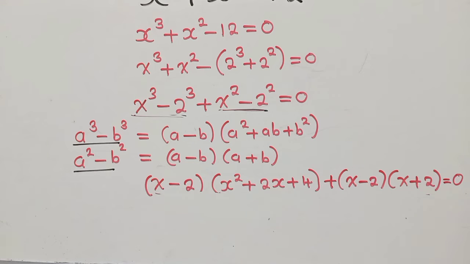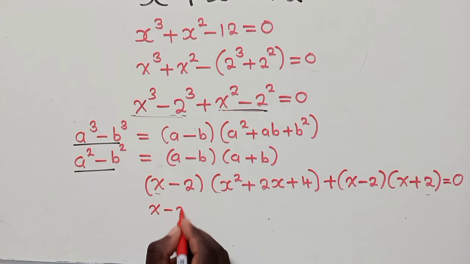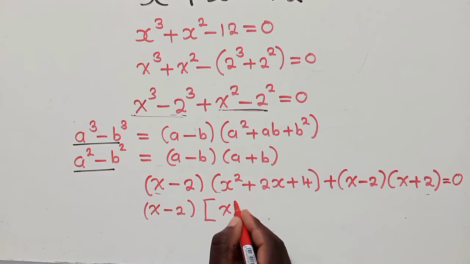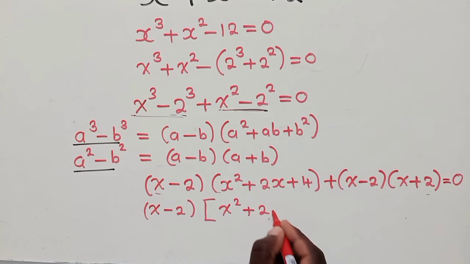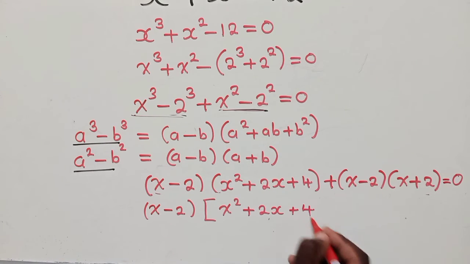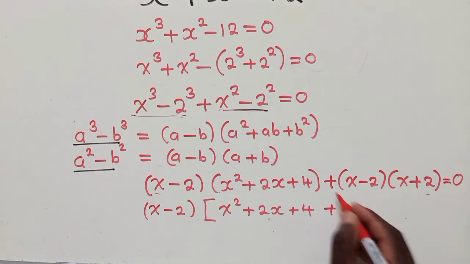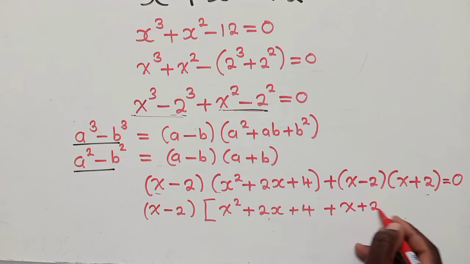If you can see nicely, we have something that is common. This and this can be factored out. So we shall have x minus 2 outside the brackets, and then we'll remain with x power 2 plus 2x plus 4. There is a plus here, so we shall say plus this one which is remaining, x plus 2.